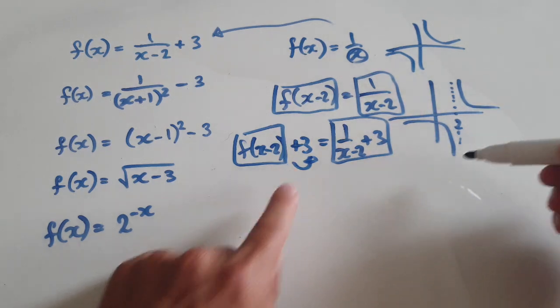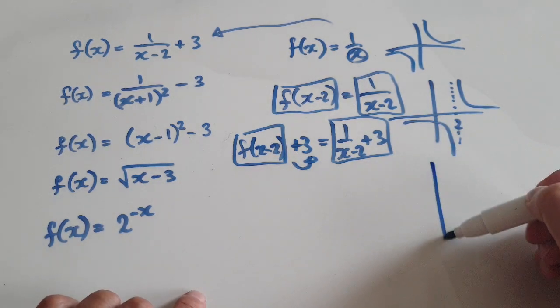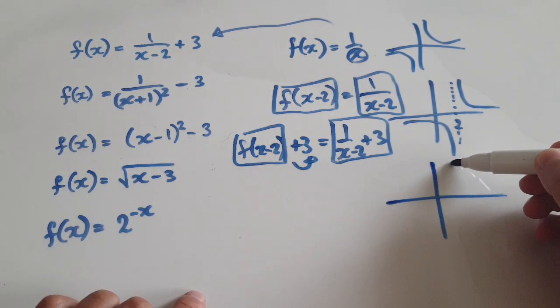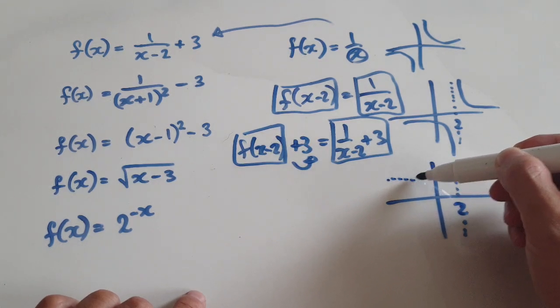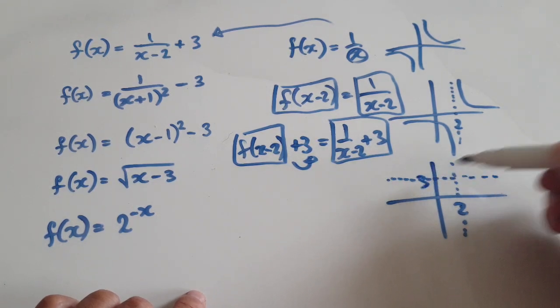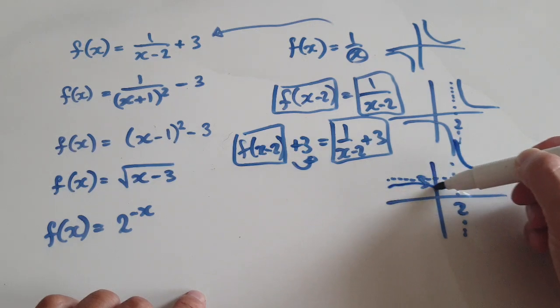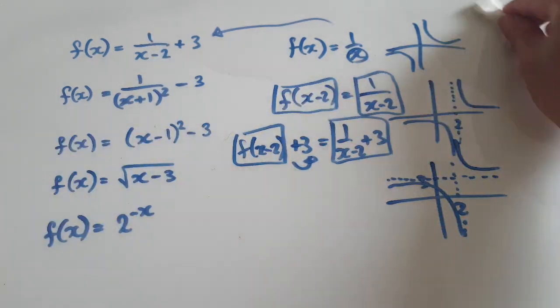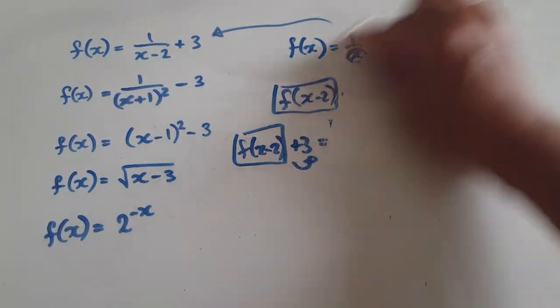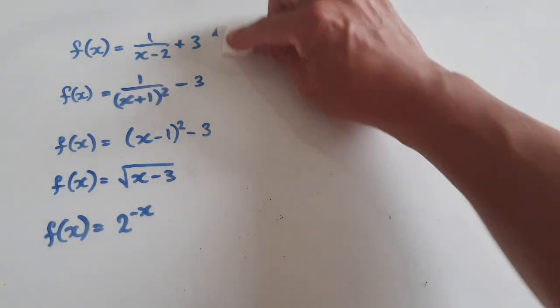So you translate the graph up by 3. Earlier we moved it across by 2, now we need to move it up by 3. So our function here looks like this. You can actually sketch functions in about 2 seconds by understanding transformations.